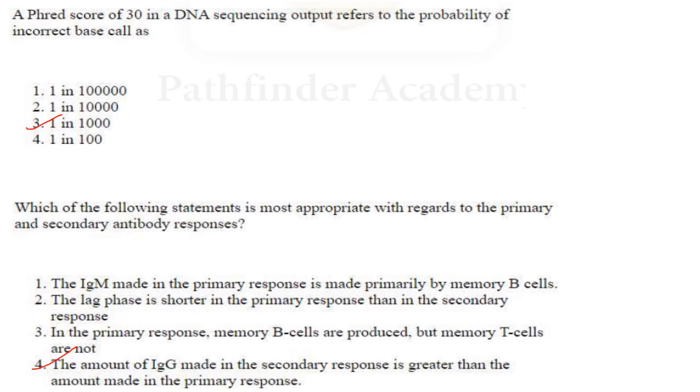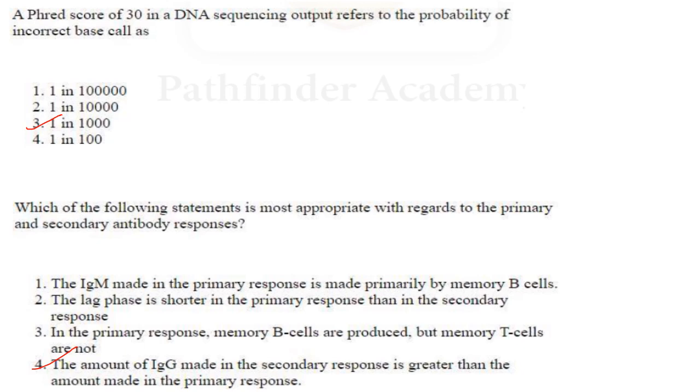Then next one. Which of the following statements is most appropriate with regards to the primary and secondary antibody responses? The IgM made in the primary response is made primarily by memory B cells. Not by memory B cells, it is by plasma cells. So this statement is not correct. The lag phase is shorter in primary response than in secondary response.